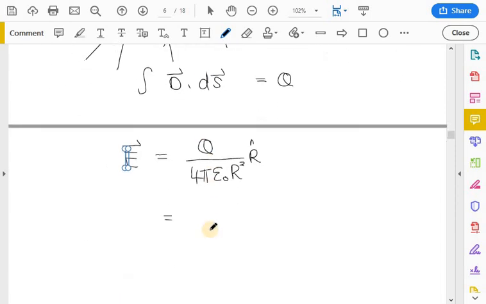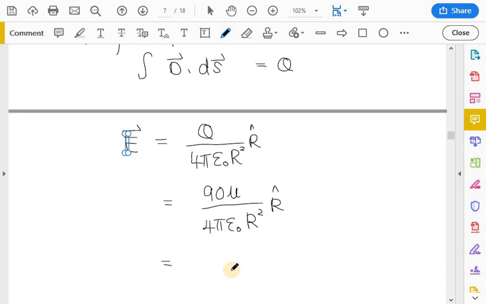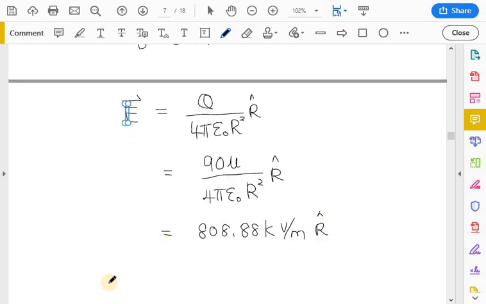Positive 90, so this answer is 808.88. Okay, so this is the electric field intensity.